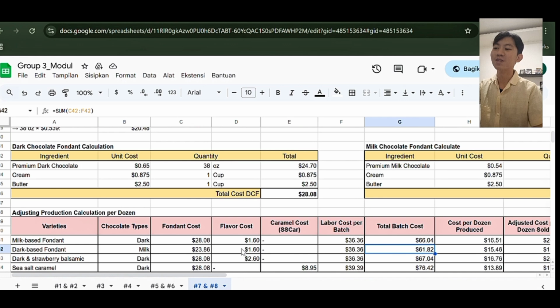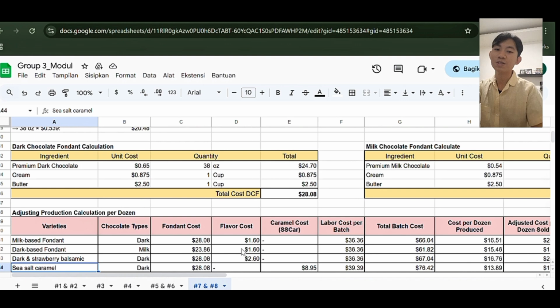The dark strawberry balsamic uses dark chocolate, so the fondant cost is 28.08, with a flavor cost of $2.6, so the total batch cost will be 67.04.